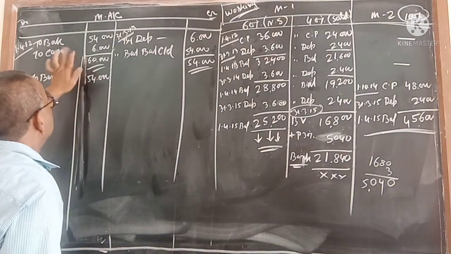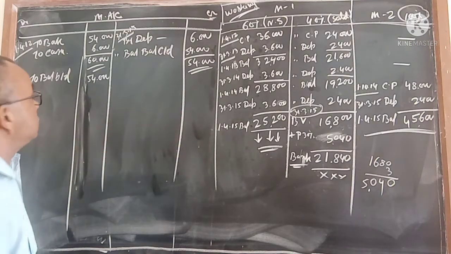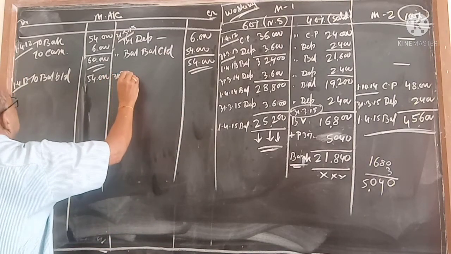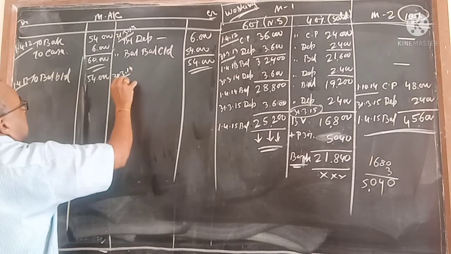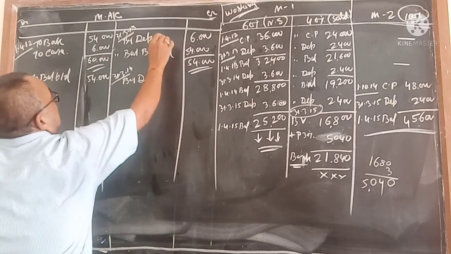Okay. Now next year. Next year also the second machine was not there. So here also the charge is 31st 3/14 by depreciation. This is only M1.